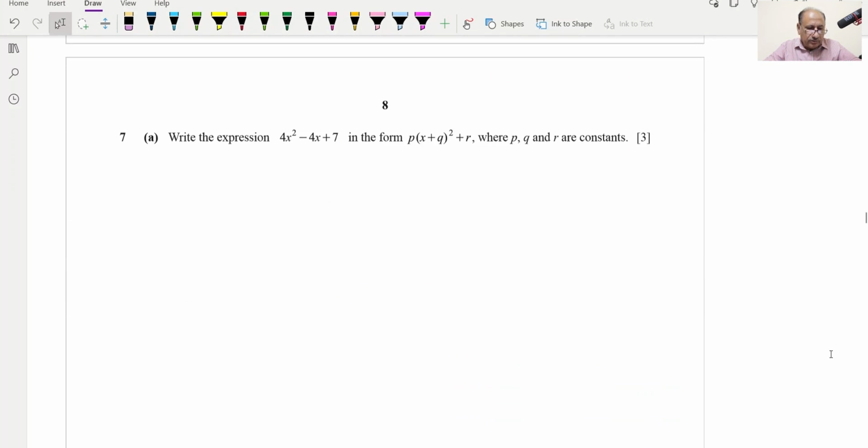Hopefully you understood this. Now question number 7. Question number 7 says write the expression for this in the form, completing square format we have to provide, where p, q, r are the constants. So this is a 3 mark question. Completing square, this is a little tricky.